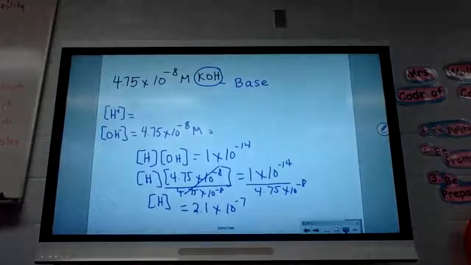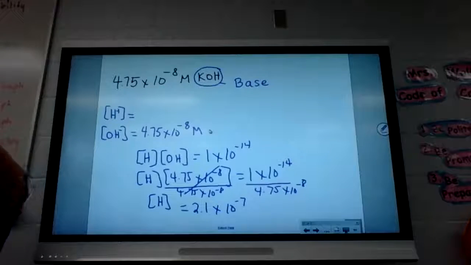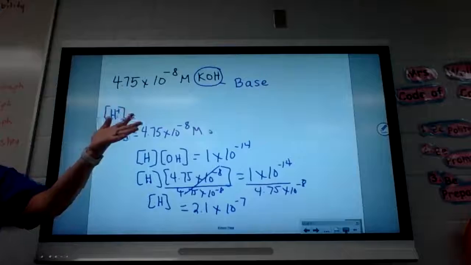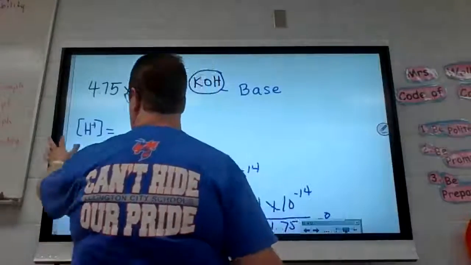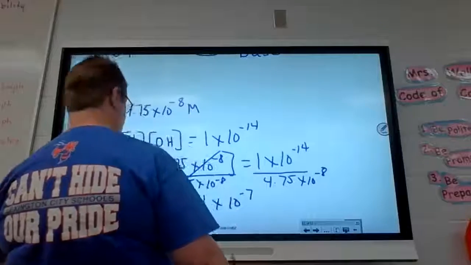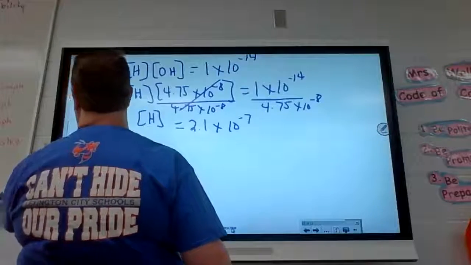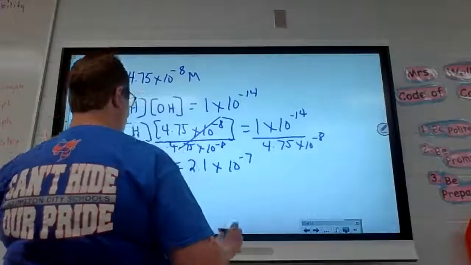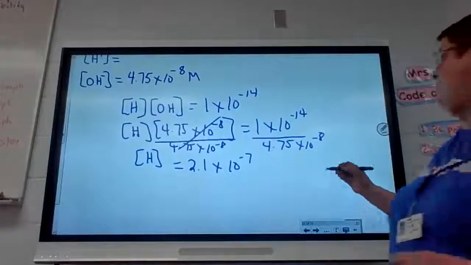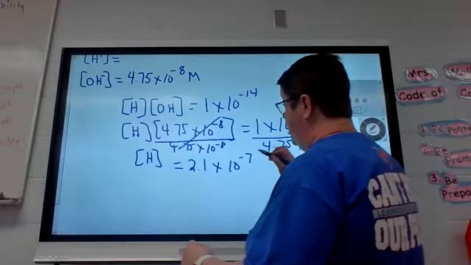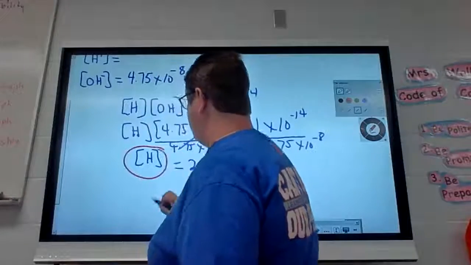Now, let's say they want to know pH. Now, back to your trusty reference tables. Change the orientation for a second for my people at the back. Is it pH plus pOH equals 14? All right. So you have two p equations, right? You have to look at what you found. You have H right here, right?